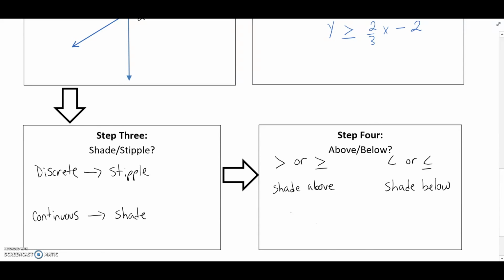So if we even want to draw some examples here, so here if you had a line, let's say the line was going like this, just a quick sketch, shade above would look something like this.